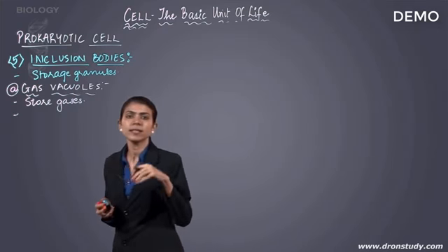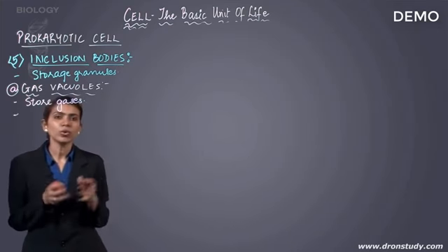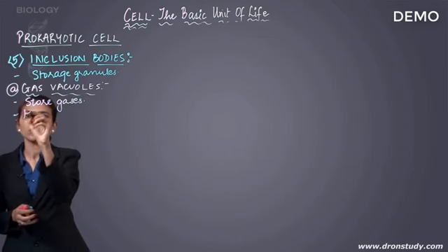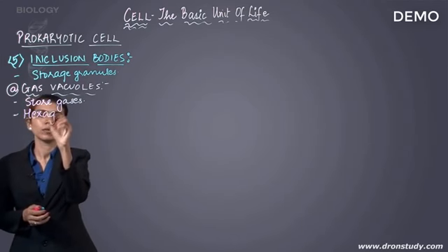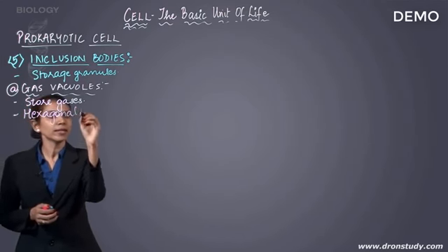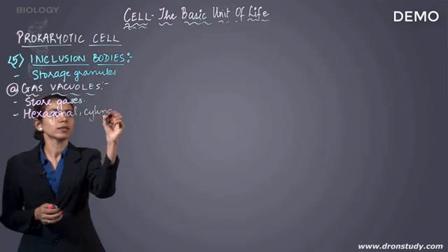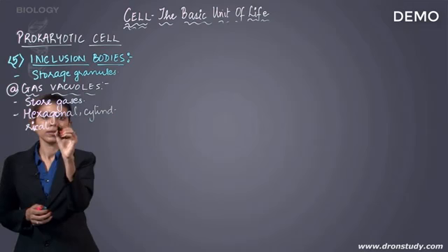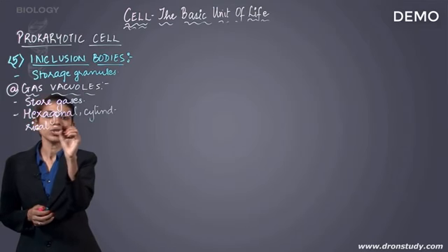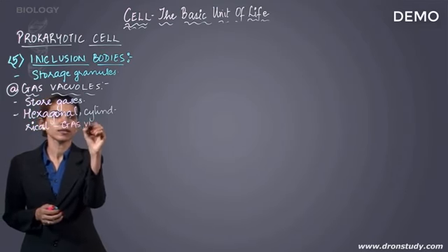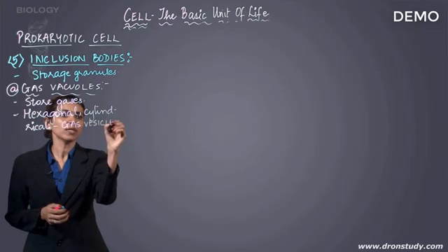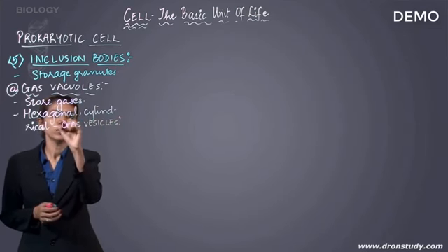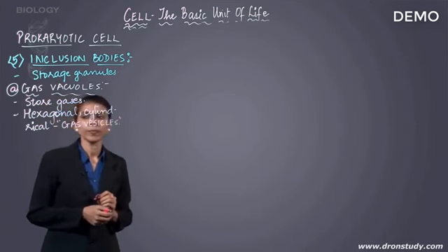There are hexagonal cylindrical structures, which are called gas vesicles. It is these gas vesicles which come together to form the gas vacuole.